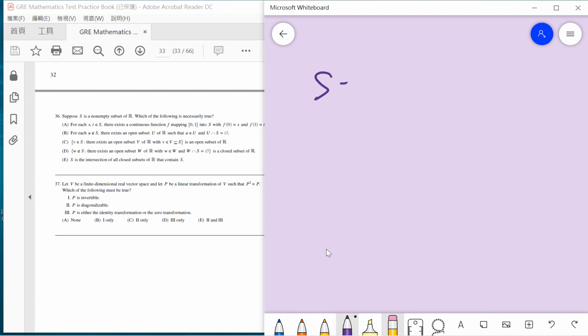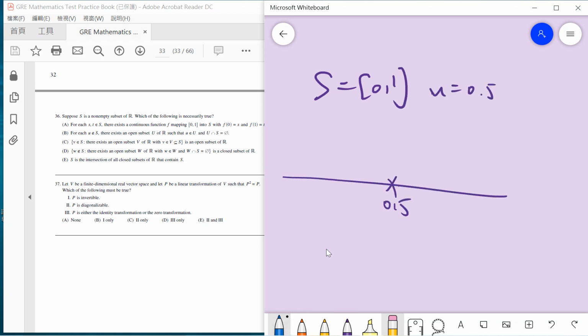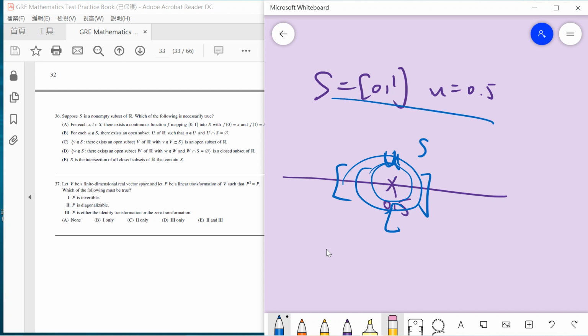Suppose I choose S is 0, 1 and U is 0.5. So this is 0.5, this is S. Then for these points, every open set containing U must have non-empty intersection with S. So B is false.